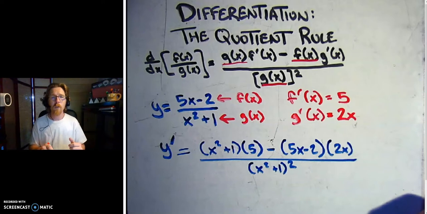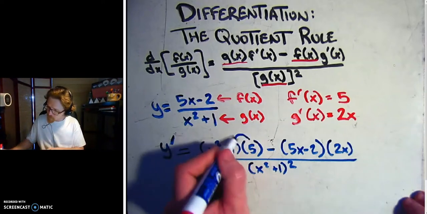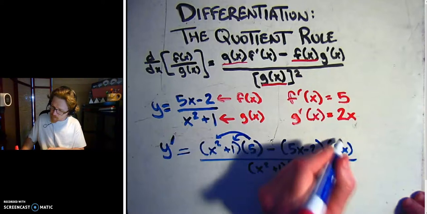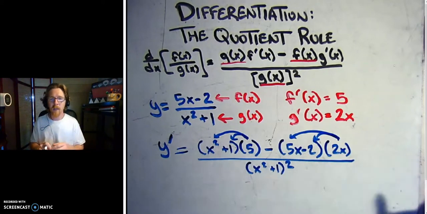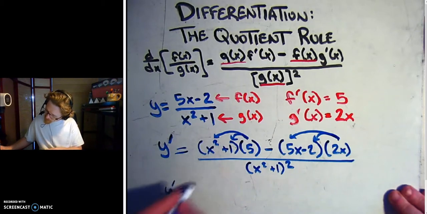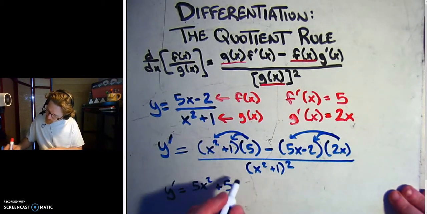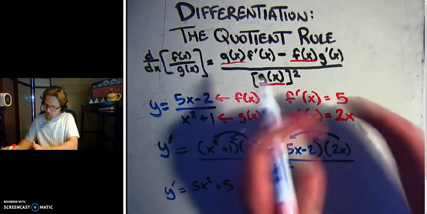And so this is essentially the derivative of y, but we might just want to see if we can simplify anything. So one thing that we can do is do our distributing. Let's just distribute these guys up here, and let's see if there's any like terms that we can combine after doing that. So I have this y prime still, and I have a 5x squared plus 5, and now I have a minus, and this is going to be a quantity in itself.